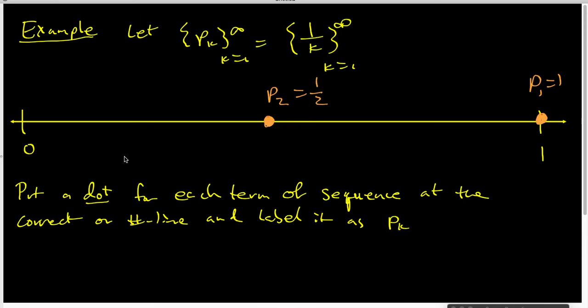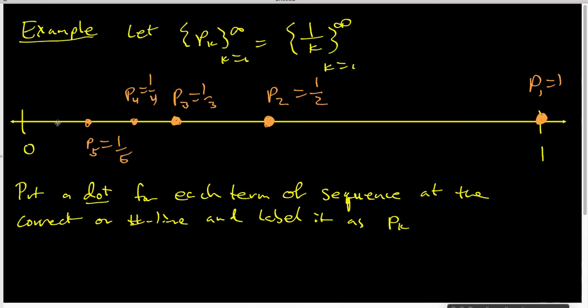P2 is 1/2. P3 is 1/3 of the way between 0 and 1. So let's see, that would look about like right here. P4 would be about here. That's 1/4. P5 would be about there. So P5 is about here.